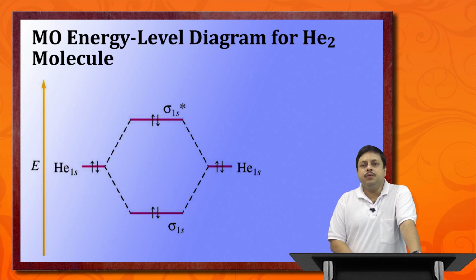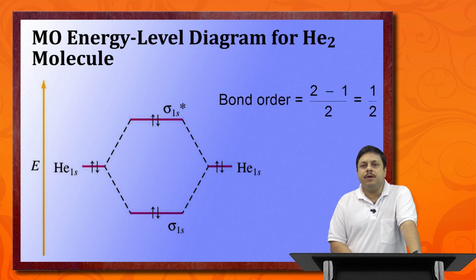There will be 2 electrons in the bonding and 2 electrons in the antibonding orbital. So, what will be the bond order? In case of helium, the bond order will be 2 minus 2 divided by 2, equal to 0. So, the He2 molecule shouldn't be formed.